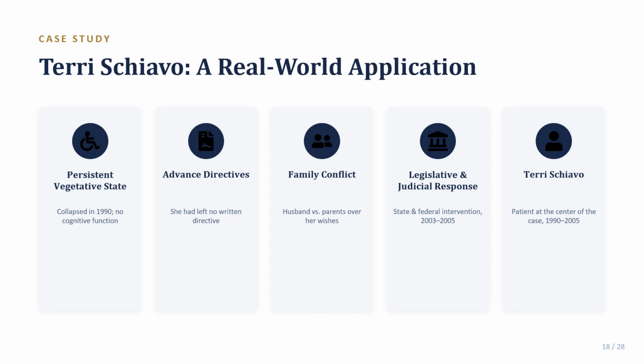Okay? So then we have our legislative and judicial response. Between 2003 and 2005, the case moved through Florida state courts multiple times, and it prompted special legislative intervention in Florida, sometimes called Terri's Law, and eventually prompted an extraordinary act of federal legislation. It was passed specifically to allow the case to be reviewed once more in federal court. Now, all of those interventions were ultimately unsuccessful in changing the underlying judicial determination.